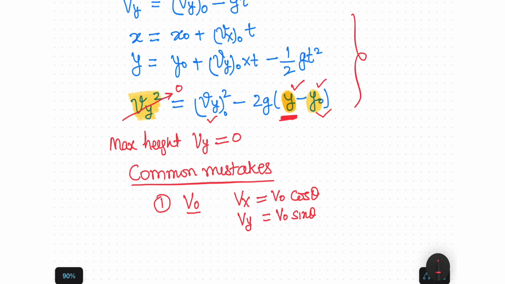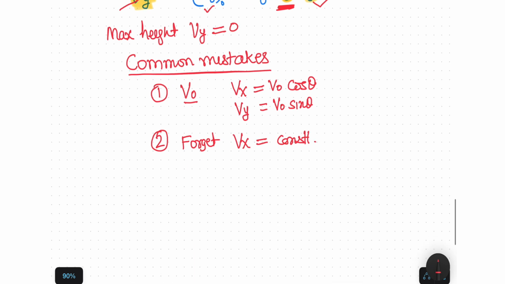Secondly, sometimes we forget that Vx is always constant. It is not changing with respect to time or with respect to the location of the flight of the projectile.